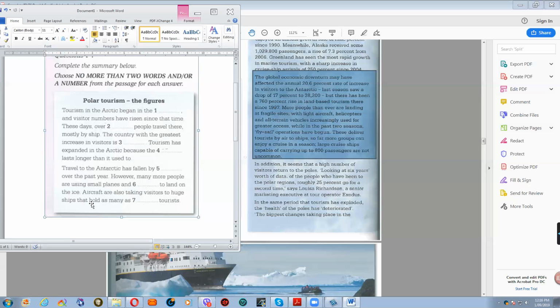Aircraft are also taking visitors to huge ships that hold as many as how many passengers? 800.